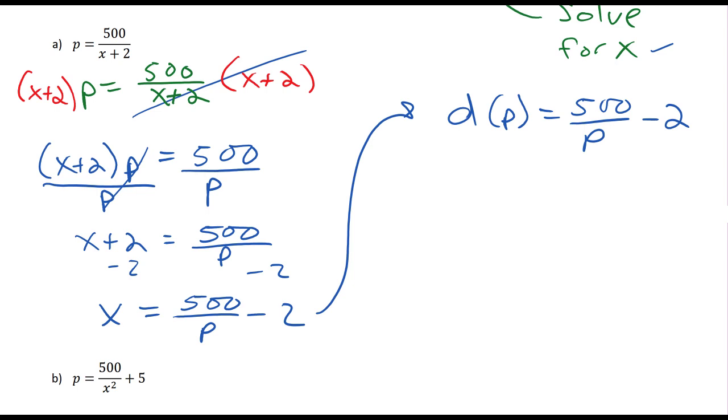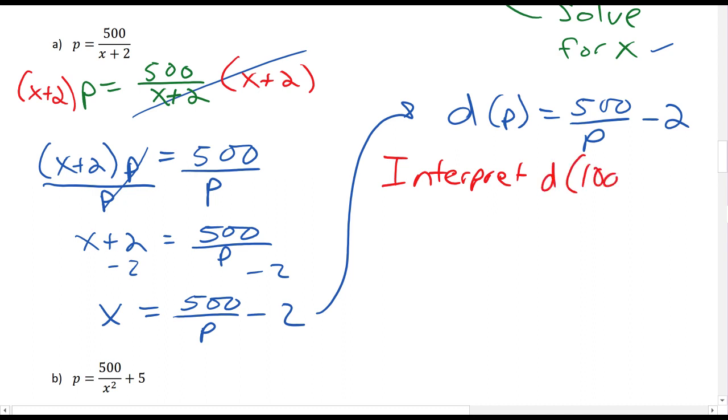The question didn't ask for this. Let me quickly show you what does that mean. So let's consider this. This is what we're going to do. Interpret, let's say d of, let's say, 100. Okay. So what does this mean? Function notation.